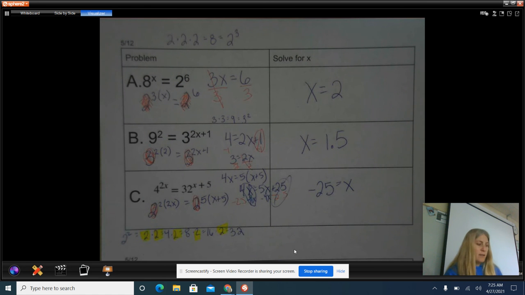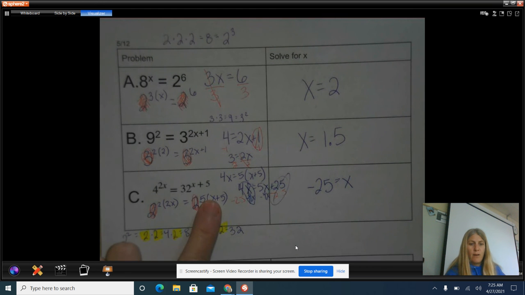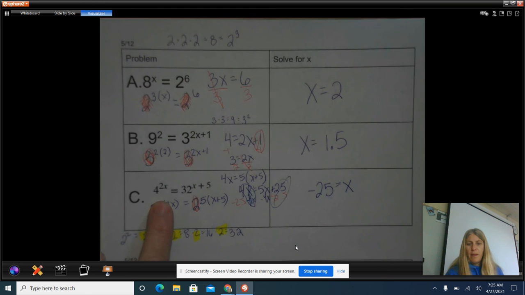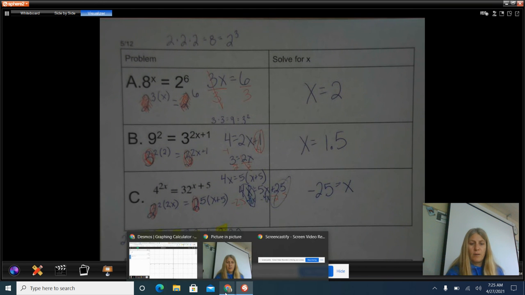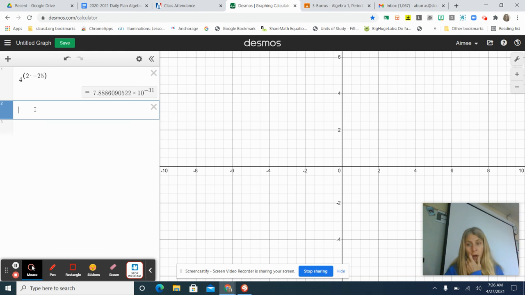So let's check this in Desmos. Once again, we're going to type in each side by itself, and we're replacing the x with negative 25. So our first one, and once again, this is the hardest type that you're going to see this year. We have 4 to the 2 times negative 25. And look at that number. That is a very small number.